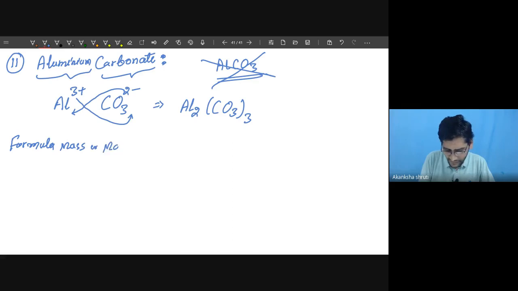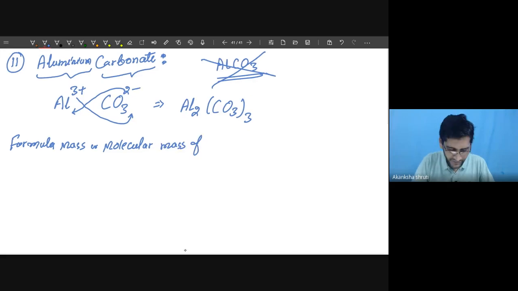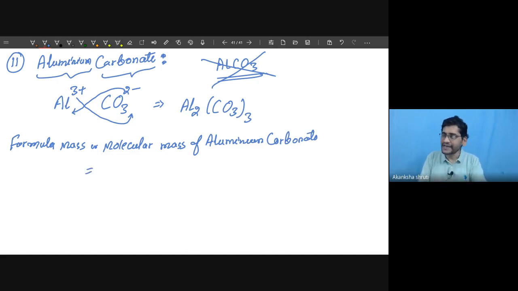Molecular mass of aluminium carbonate. How we can obtain this, student? You have to start with each and every atom.